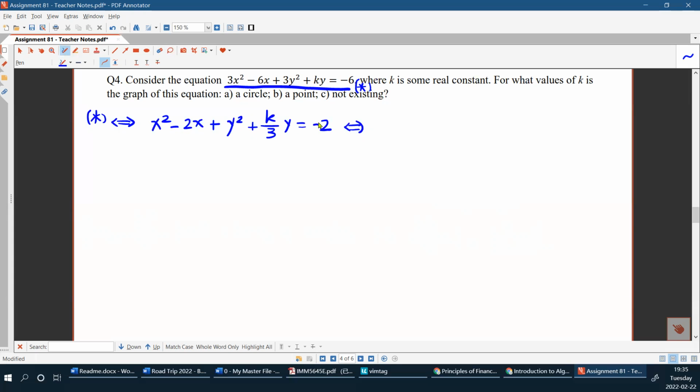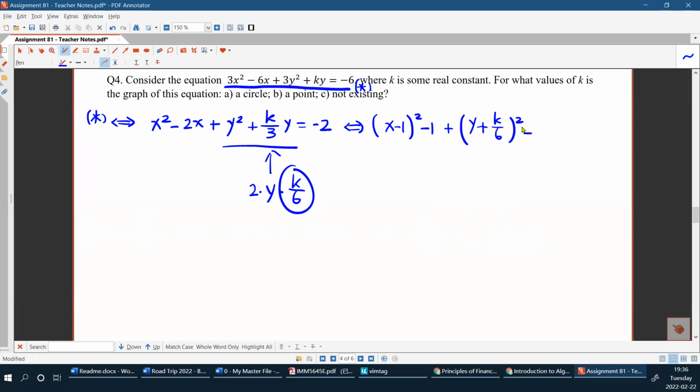And then consider the first two terms. We have (x - 1)² then -1, right? And note here the k/3 y can be considered as 2 times y times k/6, right? This is the other number, so we can try (y + k/6)² here.